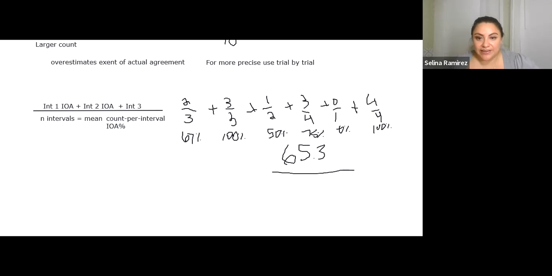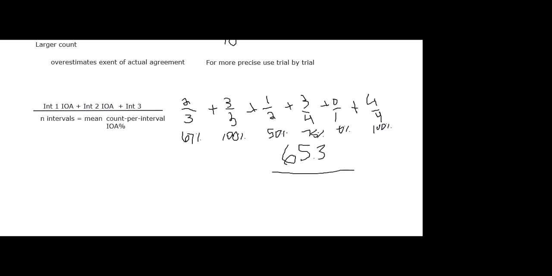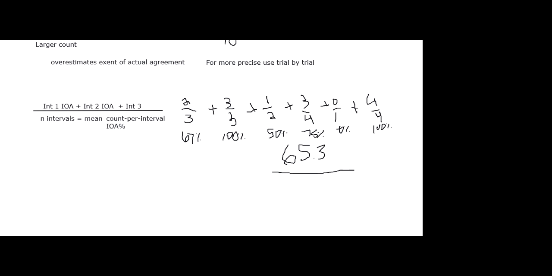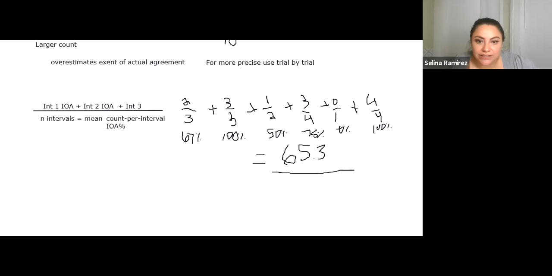Sorry, they're fighting in the background. Okay, 65.3% is our mean count per interval IOA. So that's it, right? Yep. So that's our mean count per interval IOA. So that's this right here. Does anybody have any questions on that or how we got there?